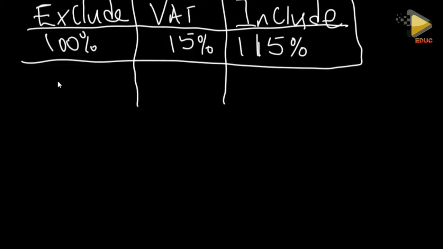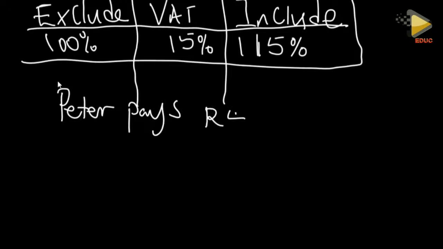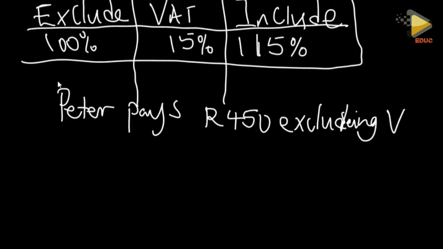If you're given any amount in a scenario and they tell you the person pays, let's say someone called Peter pays 450 excluding VAT.